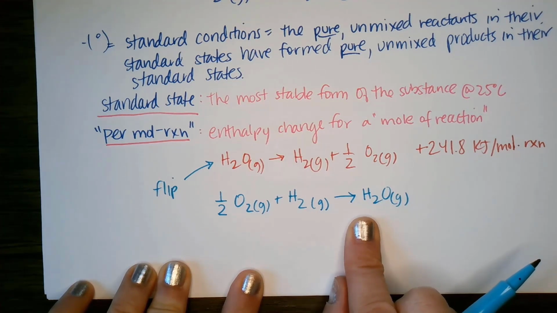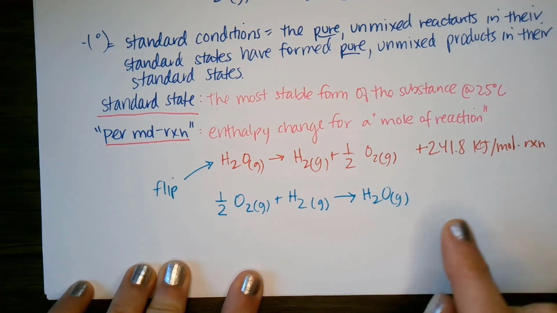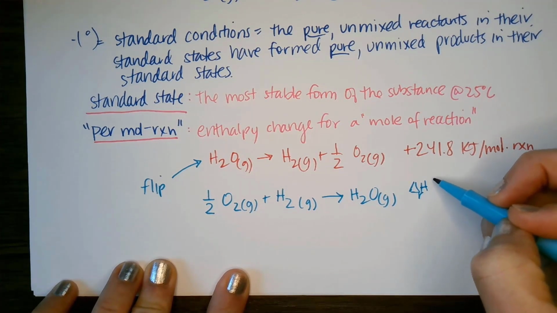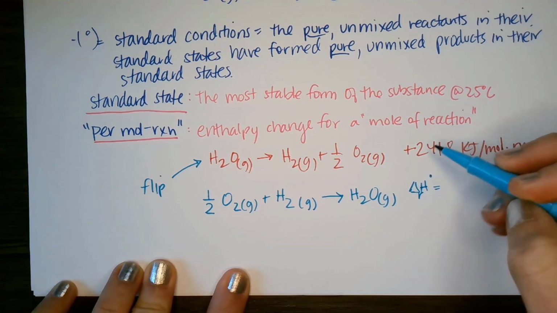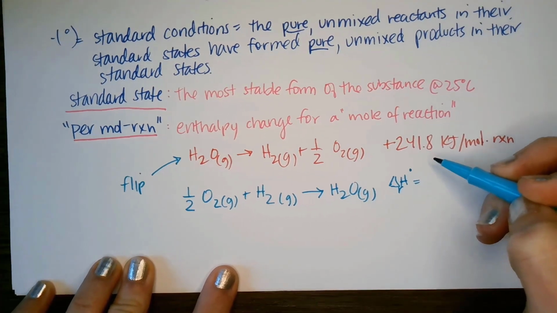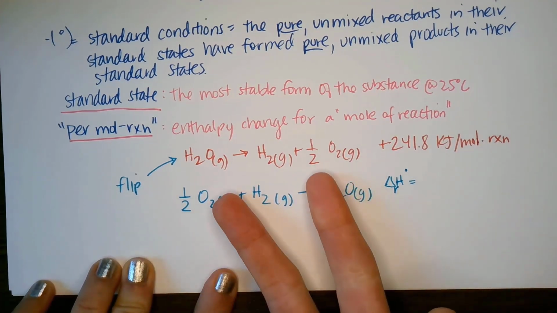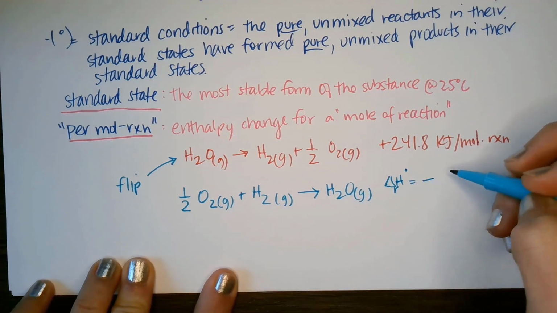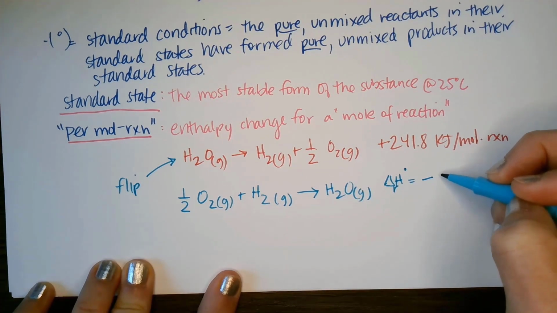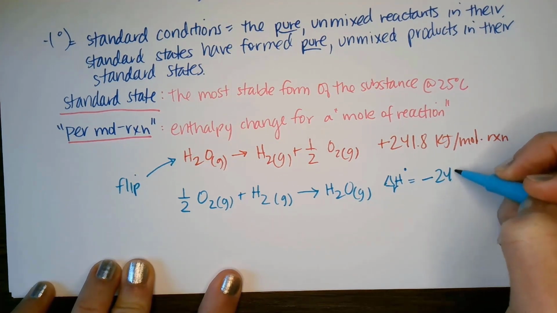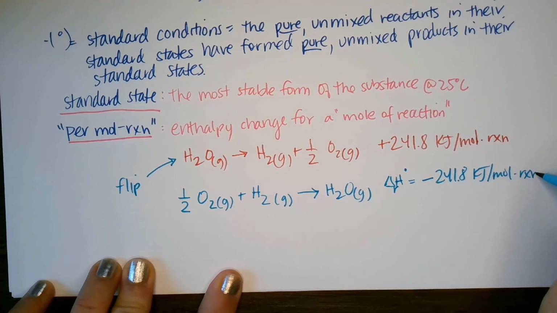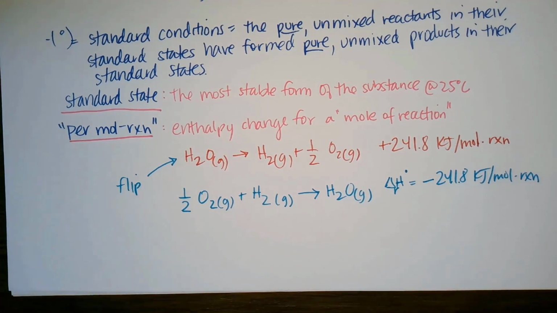The magnitude of the enthalpy change for this reaction is the same as that for the decomposition reaction, but the sign is reversed. My delta H for the reaction at standard state was positive 241.8, but because I flipped my reaction, I flip the sign, so it now becomes an exothermic reaction, negative 241.8 kilojoules per mole for the reaction.